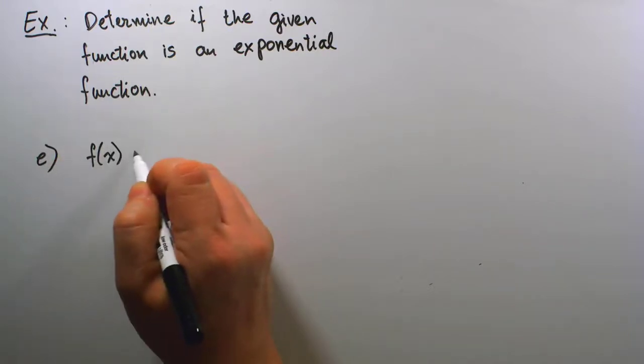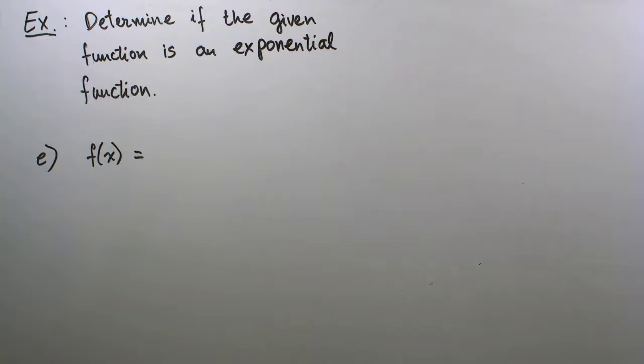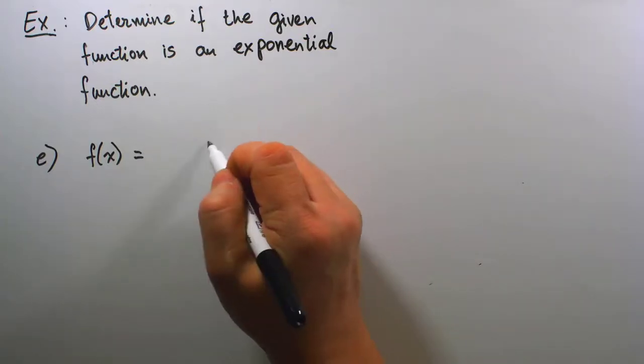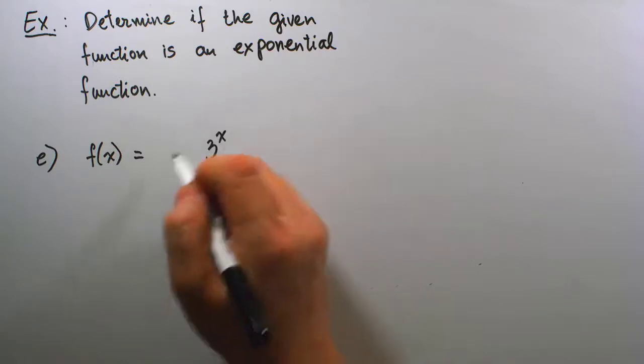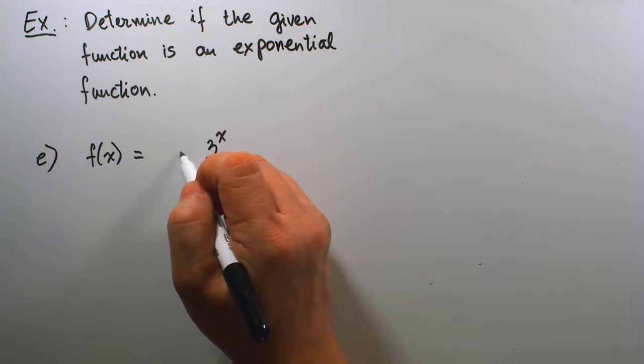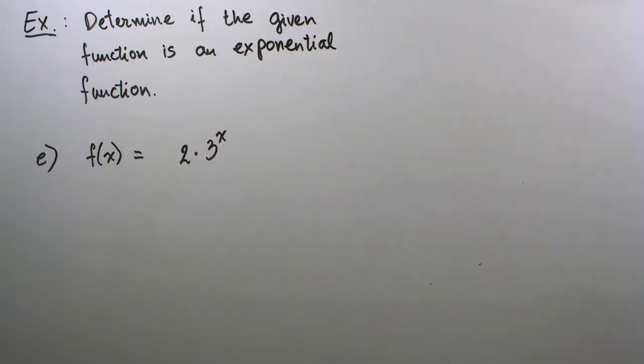Now I am going to look at another question in my example here. Let's say 3 to the x, but we have a 2 in front.